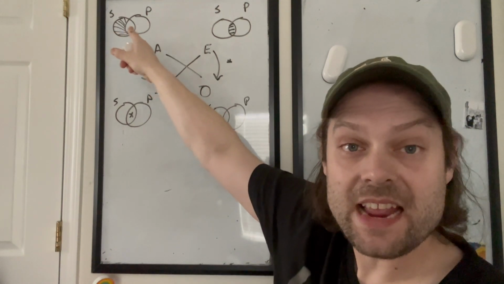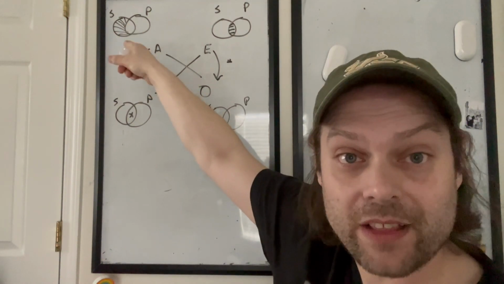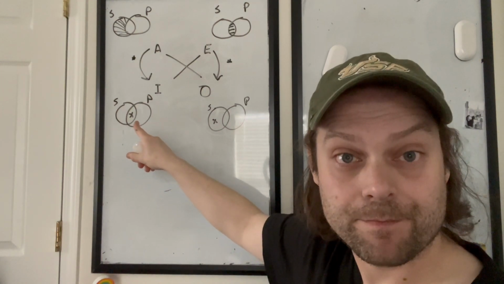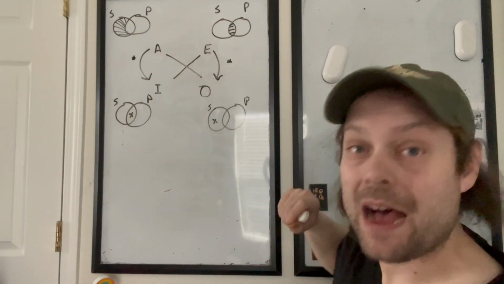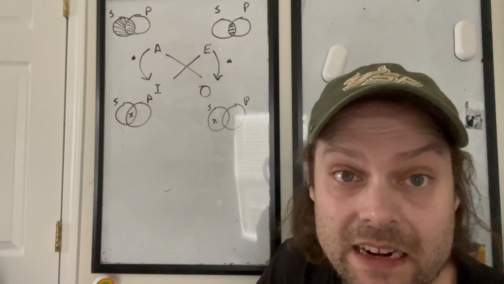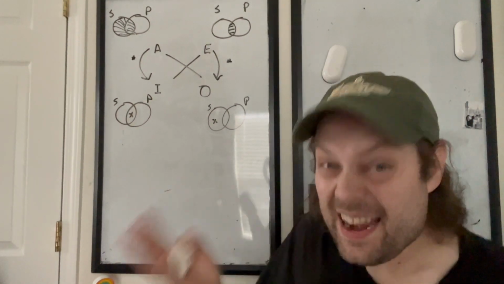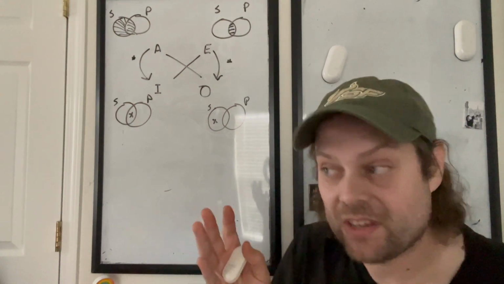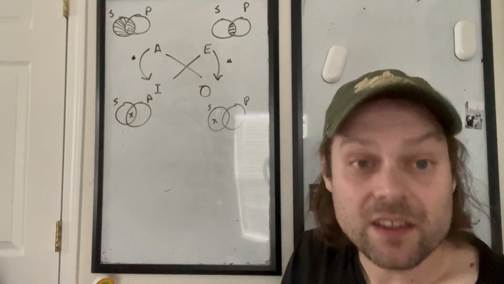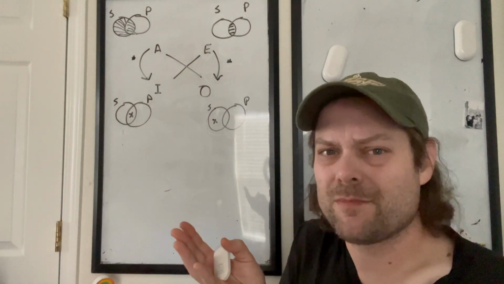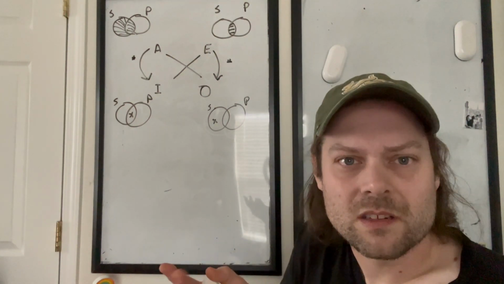Because, hey, if there is anything in the S circle at all, then some S are P. But hey, wait, isn't it possible that all S are P and no S are P? That is possible, right? When we're dealing with an empty category. All unicorns have horns is true, but it's also true that no unicorns have horns because there are no unicorns, right?